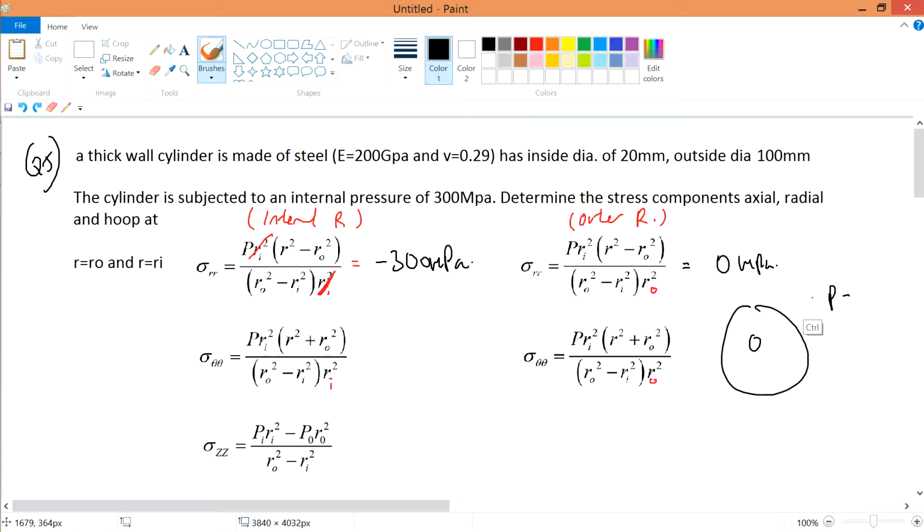Or in other words, I forgot one thing, there is also another Ri over here. That's Ri and Ro. By the formula itself, you see Ro square minus Ro square, because it's outer radius, this whole thing becomes 0. Anything you divide 0 by is 0. And this explains this. And therefore by formula and by explanations, these are all legit, all true.